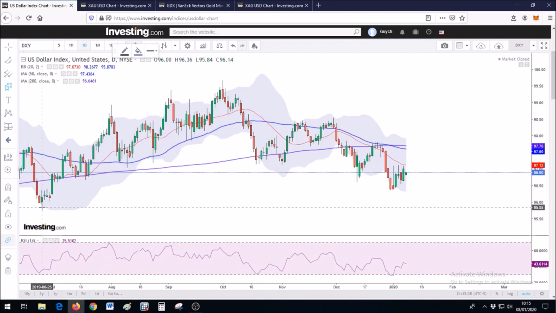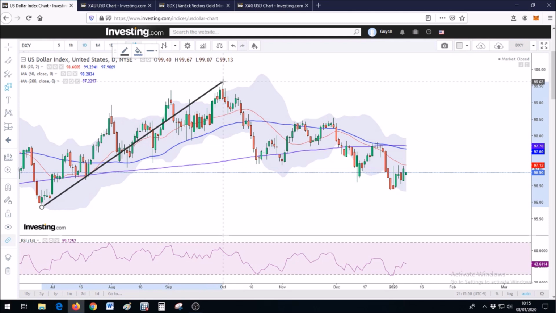Now, zooming in a little bit on the US dollar chart, it's a little bit unclear where the previous intermediate cycle in the US dollar has finished. I think the correct way to view it is the cycle lasting between late June and early November.